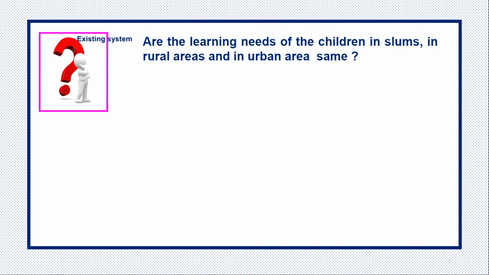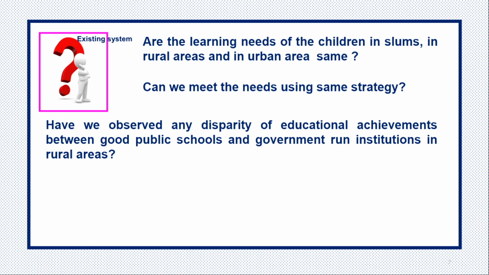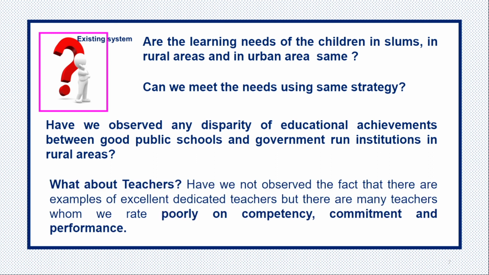Now, when we see the existing system, we have some questions. Are the learning needs of the children in slums, in rural areas and in urban areas the same? Can we meet the needs using the same strategy? Have we observed any disparity of educational achievements between good public schools and government run institutions in rural areas? What about the teachers?